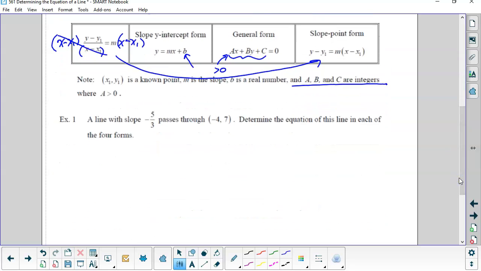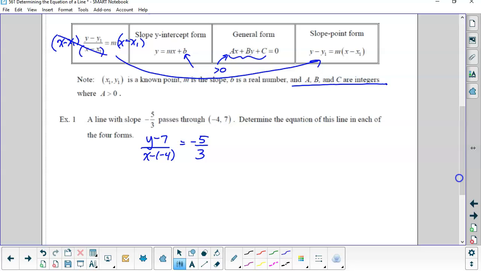Okay, so a line with slope -5/3 passes through -4, 7. Determine the equation of this line in each of the 4 forms. So I'll just use the chart to go through the forms. So we'll have y minus 7 over x minus -4 equals -5/3, okay?